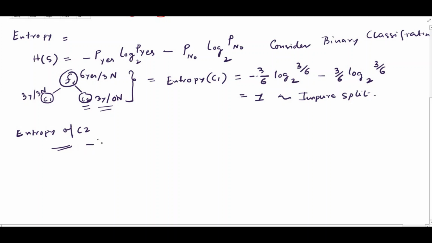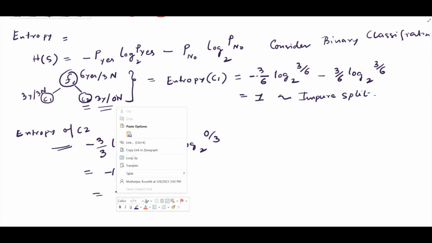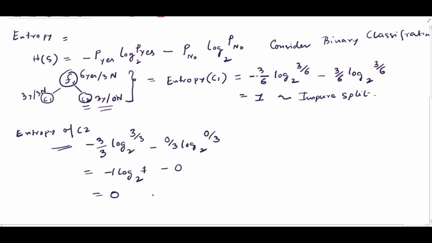Minus 3 by 3 log 2 of 3 by 3, minus 0 by 3 log 2 of 0 by 3. Now if you put it into the formula, minus 1 log 2 of 1 minus 0, so basically log 1 is 0, so I will get 0. So this is my pure split. Correct? Okay, you got it.